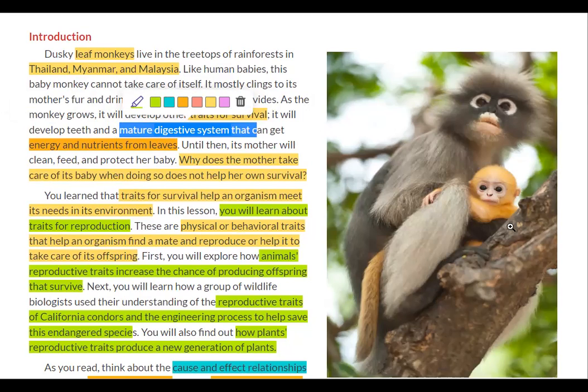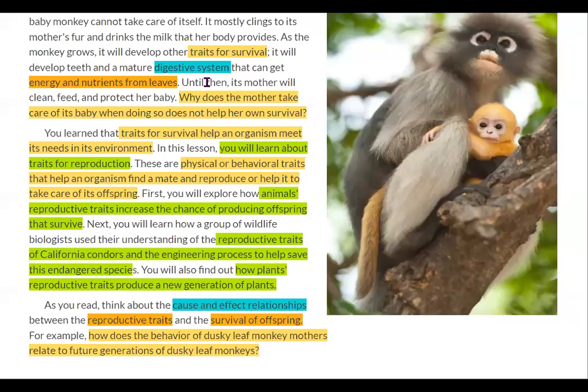And so eventually this little monkey will get a mature digestive system that allows it to get energy and nutrients from leaves. But until then, its mom will take care of, clean, feed, and protect the baby.